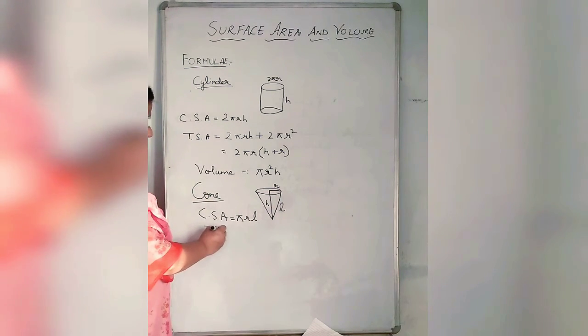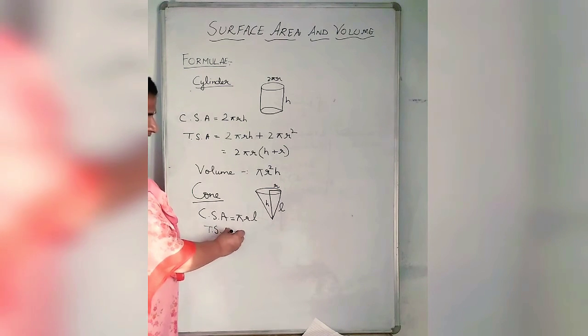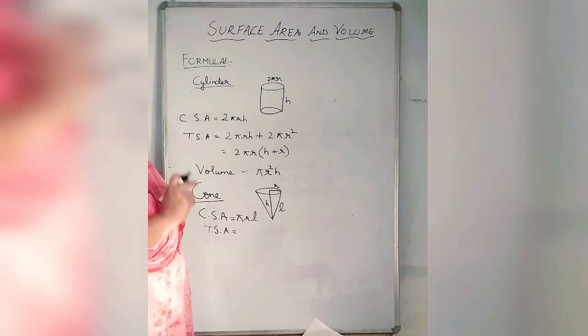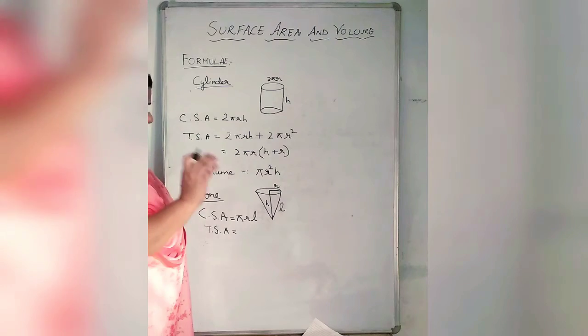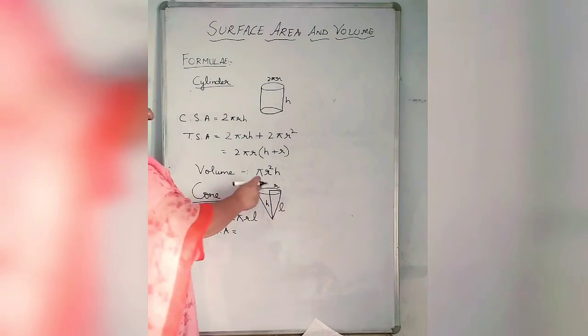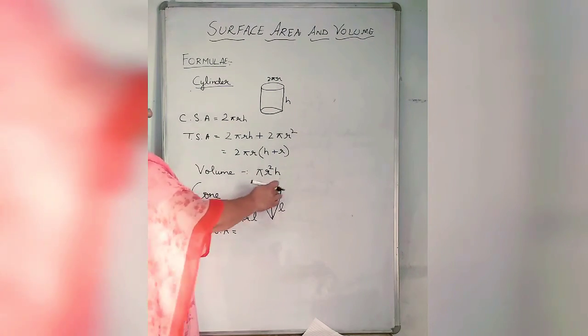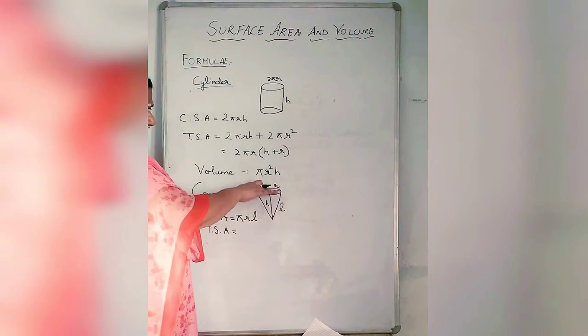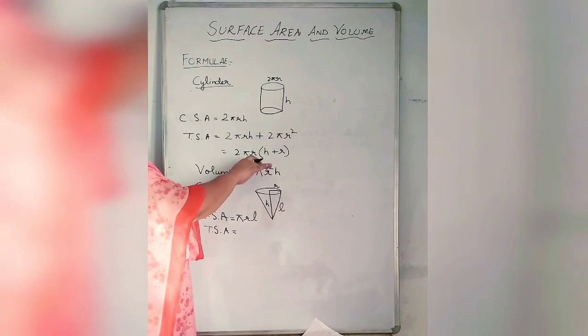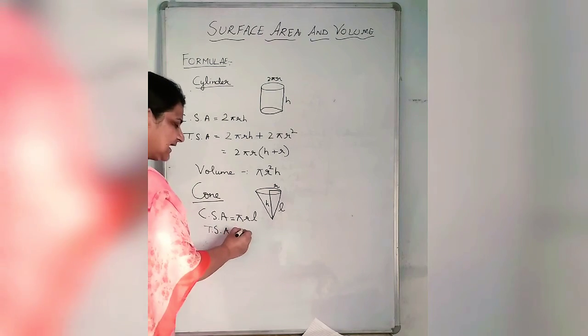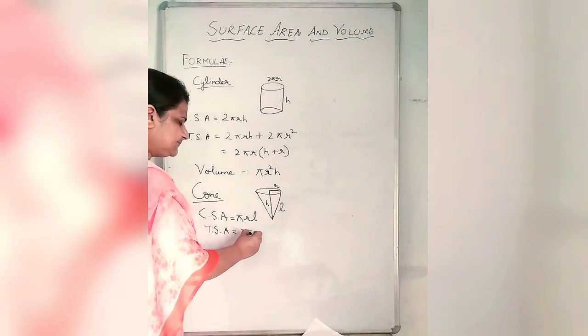And then the total surface area. Again, as I talk of total surface area, a figure which is closed, I have a circular portion on the top. When I close it by a circular portion, that means I add a circular top.